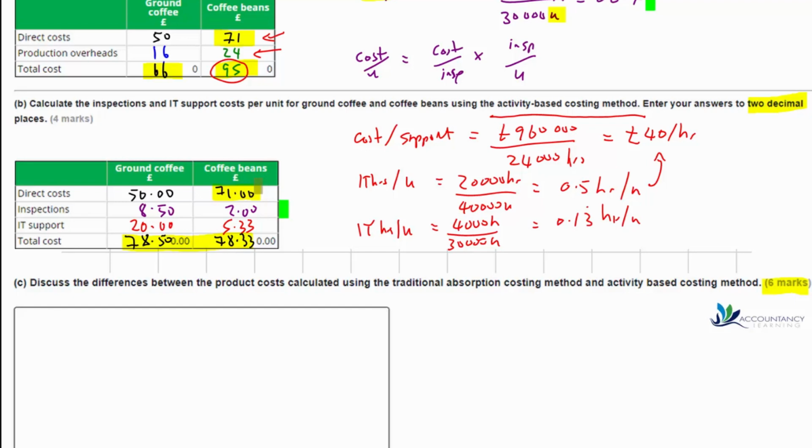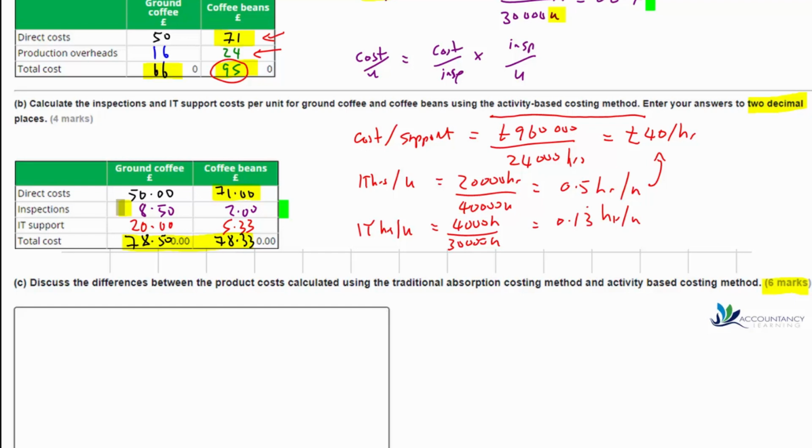But when we're grinding the coffee, we're using a lot more of the robotic technology, and therefore we have a higher number of inspections and much more IT support. So when we are absorbing the production overheads based on the activities, then the ground coffee has a much higher cost for inspections than coffee beans because there are more inspections and therefore it takes on a greater share of the cost.